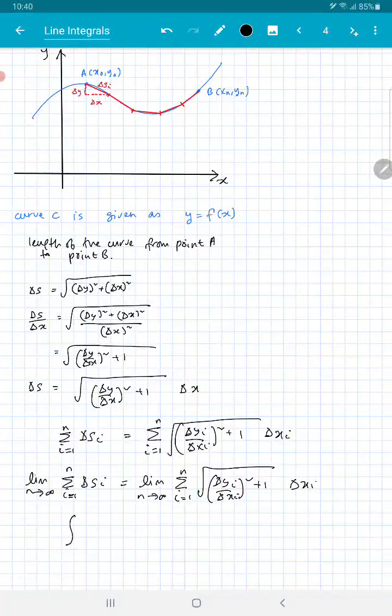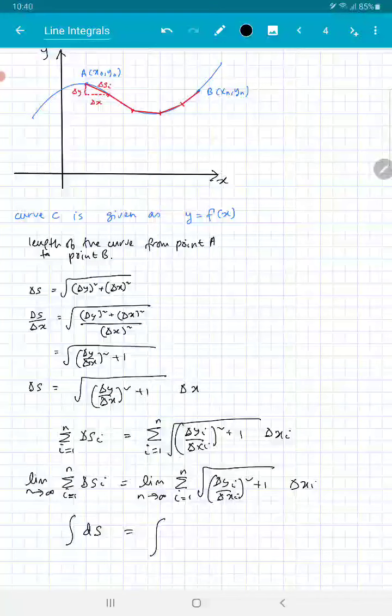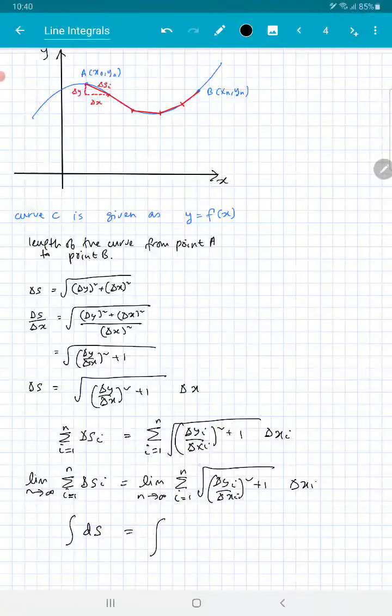So delta will be replaced by ds on the left hand side, and on the right hand side the summation will be replaced by integration, delta y will be replaced by dy, delta x will be replaced by dx, so we have the square root of (dy over dx) squared plus 1, times dx.